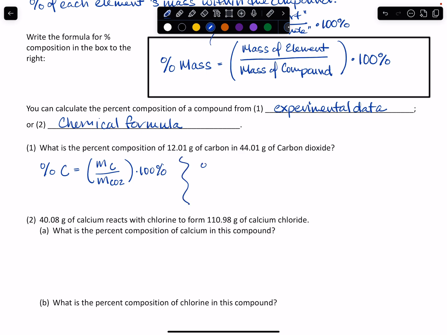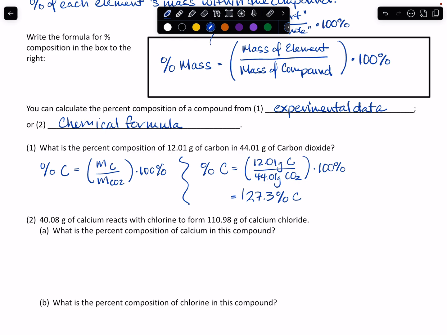So here the percent carbon will be equal to 12.01 grams of carbon divided by 44.01 grams of carbon dioxide. Then we would multiply that by 100%, and we find that carbon is 27.3% of carbon dioxide by mass. So that is your percentage of carbon.